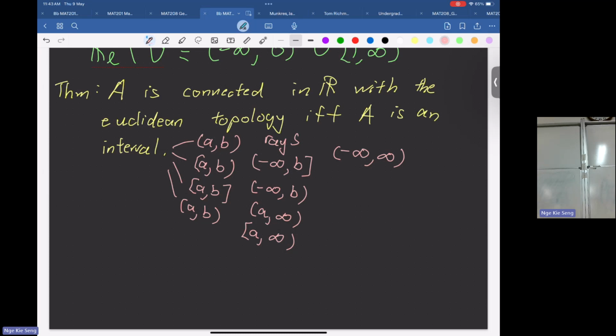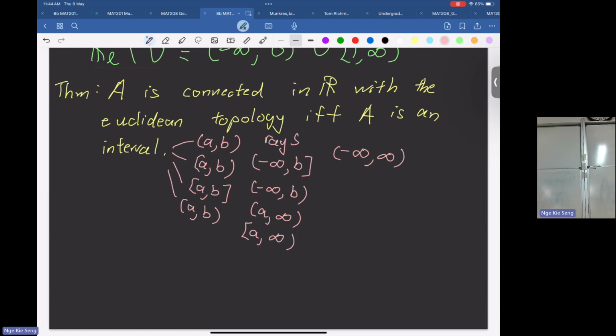Actually, at first, you don't know how to think about connected spaces in a topological space. But you use the property of connectedness to deduce that A must be an interval. Okay, you get what I mean?